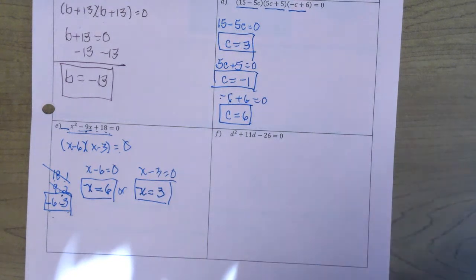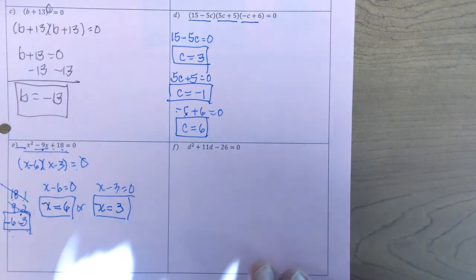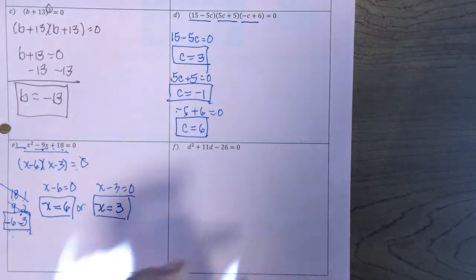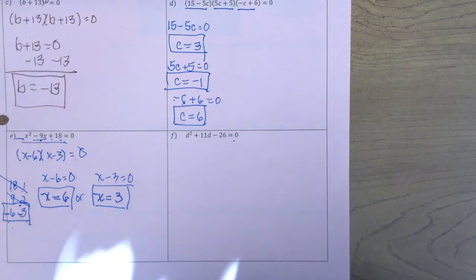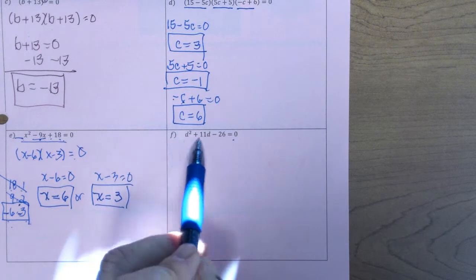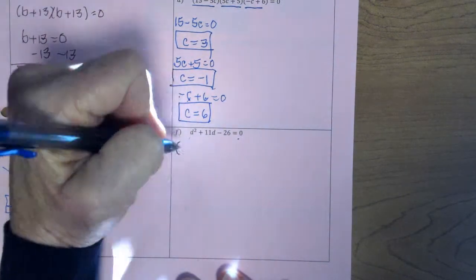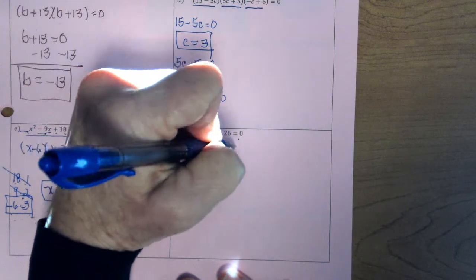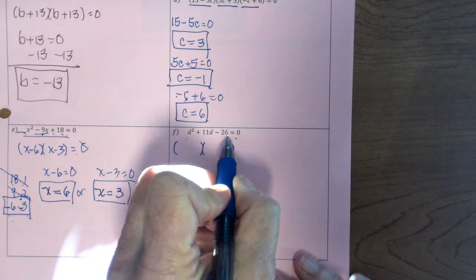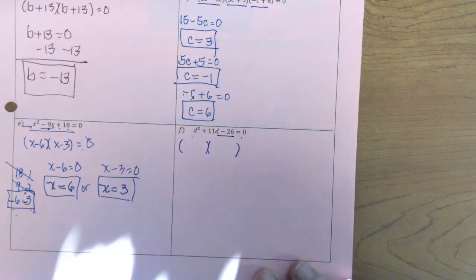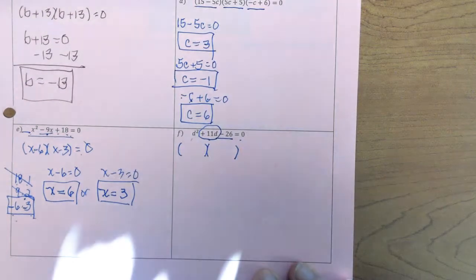Moving on to do the last one on this page, we have d squared plus 11d minus 26. So again, I'm solving, and it's set equal to 0. I'm going to notice that I've got a polynomial. It is not in factored form. I need to create factors. So again, I'm looking for factors that'll give me negative 26, but when I add them together, it gives me 11d.